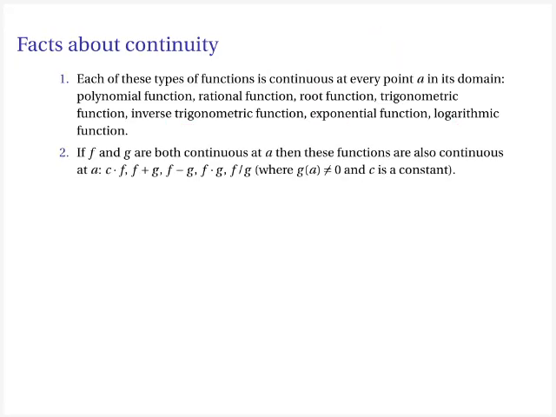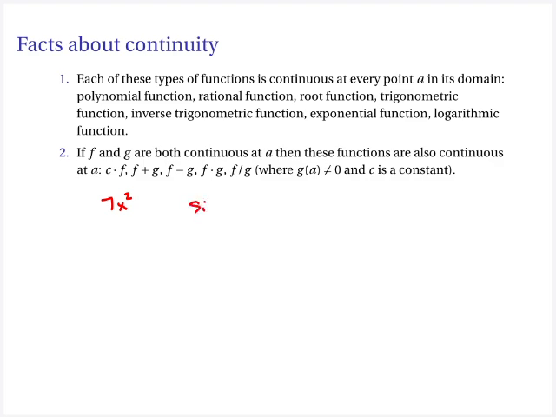So the basic objects are continuous. What about combinations of the objects? If f and g are both continuous at a, then these functions are also continuous at a: c times f, f plus g, f minus g, etc. So for example, 7x squared is continuous because x squared is continuous, and so c times x squared, 7 times x squared, is perfectly good.